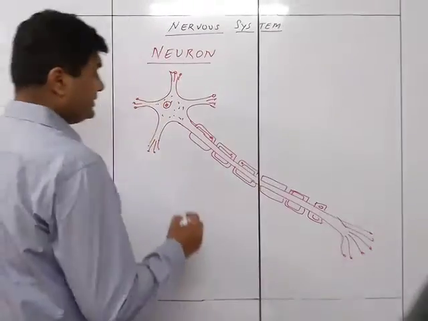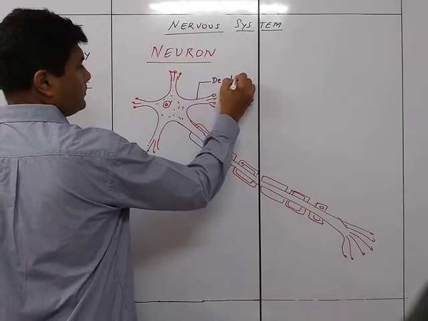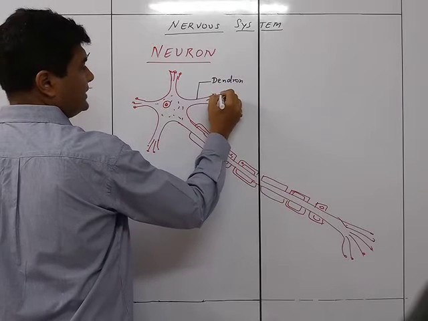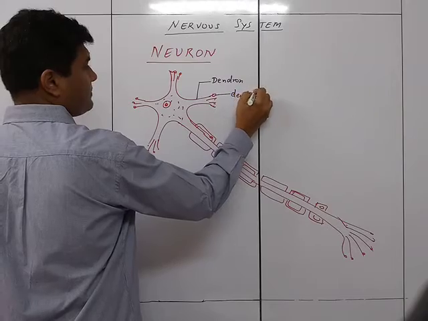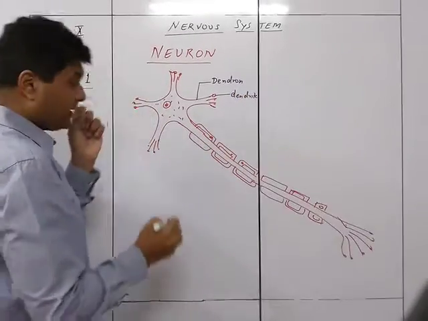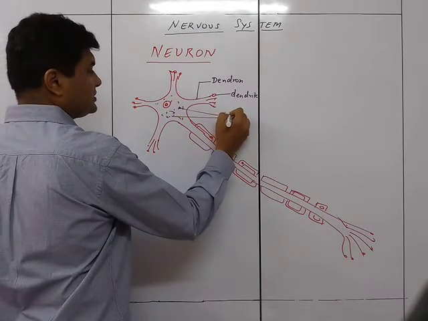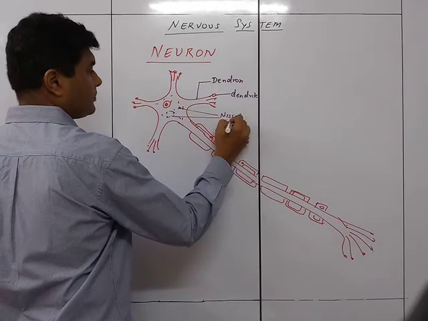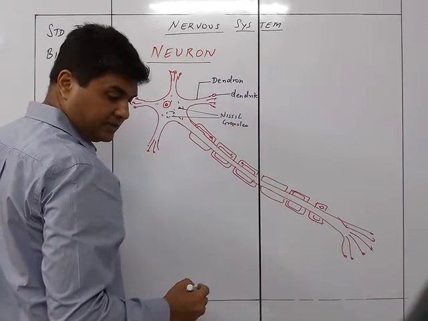So first one is, this part is the dendron, these are the dendrites. Then there are granules which are called the Nissl granules. Next is the nucleus.